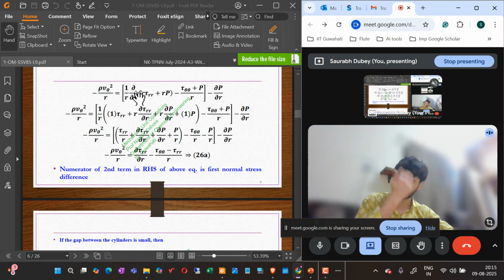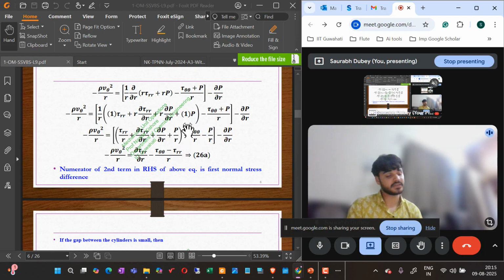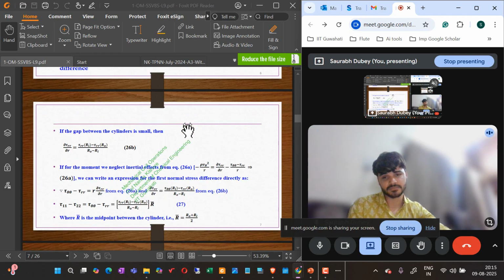You are differentiating partially with respect to R, and then splitting this term into two parts using U and V for R and tau RR, and then accordingly you will get this. So the numerator of the second term on the right hand side of the above equation is the first normal stress difference, tau theta theta minus tau RR, which is the first normal stress difference. They will call it N1 sometimes.